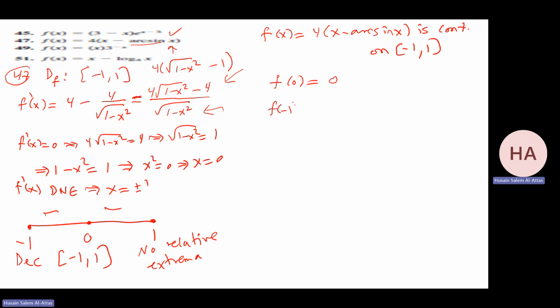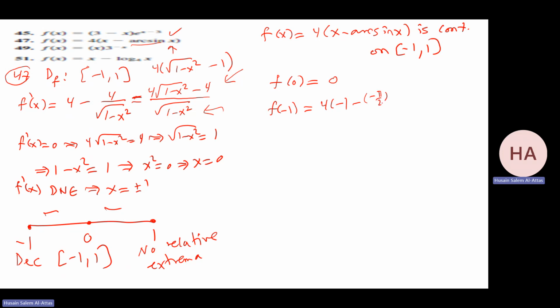F of -1, the endpoints. F of -1 will be 4 times -1 minus arcsine of -1. What is the arcsine of -1? That will be minus pi/2.